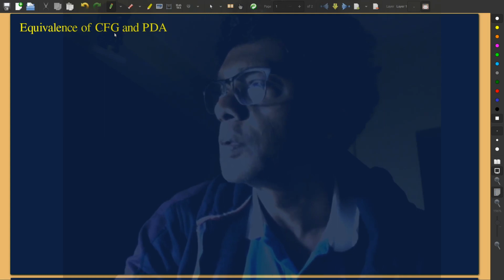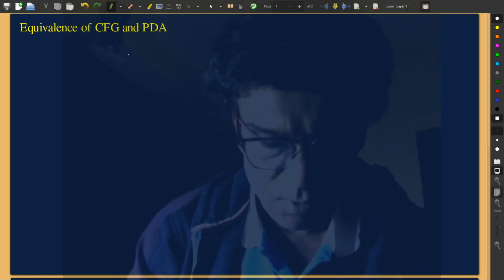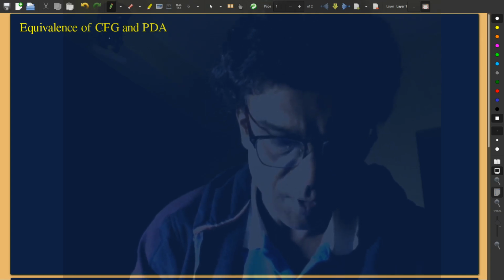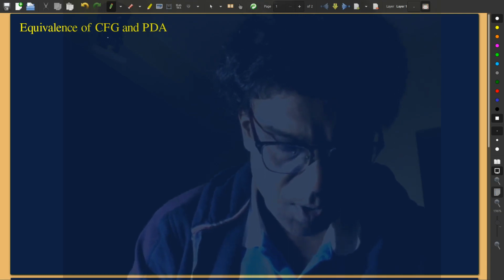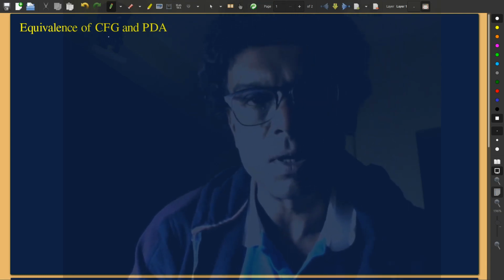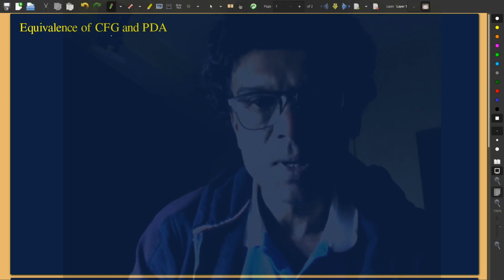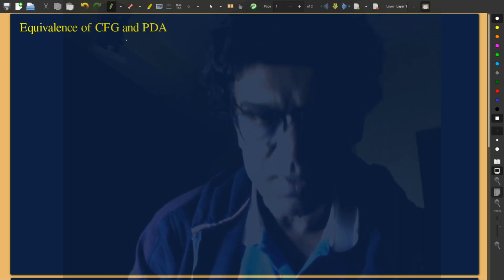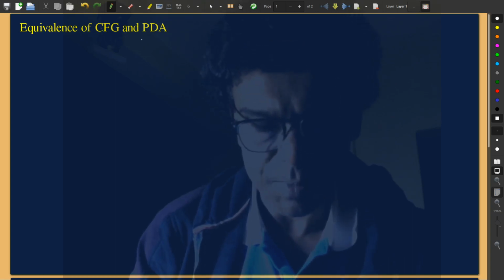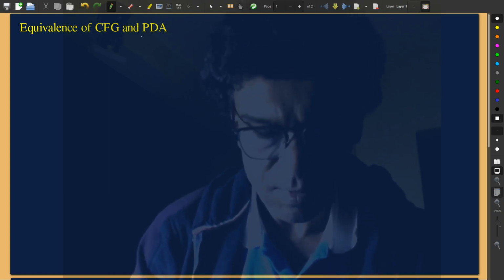That is, a language is called context-free if and only if it is the language of a context-free grammar. We have also introduced a kind of automata called pushdown automata, and we have seen that pushdown automata are capable of accepting some context-free languages.